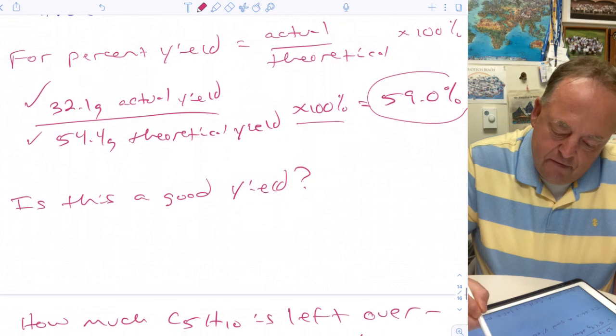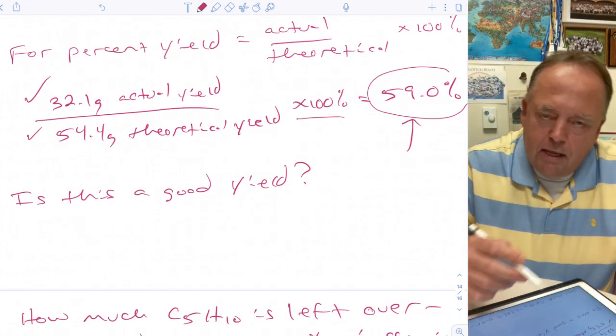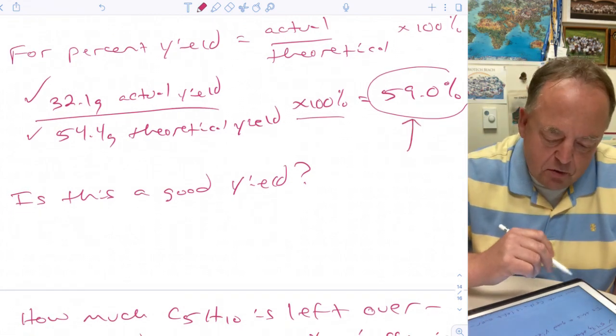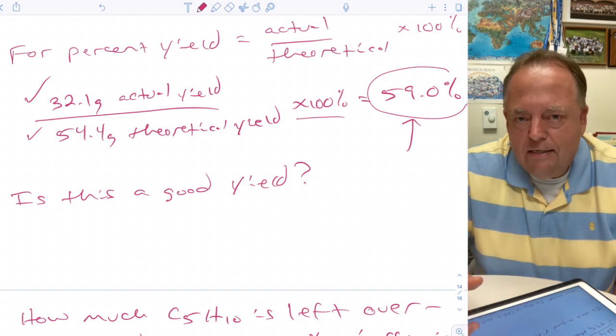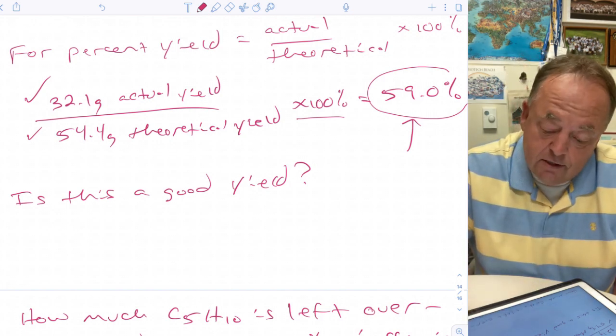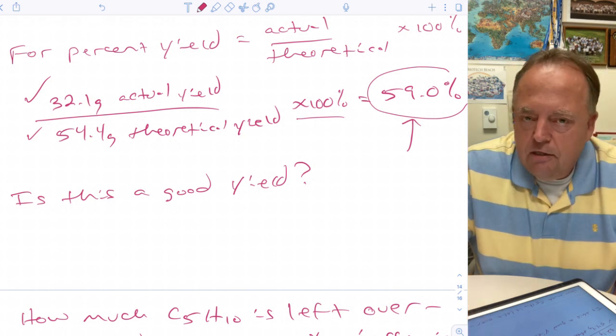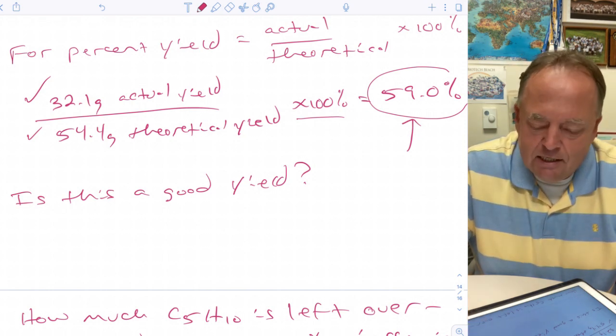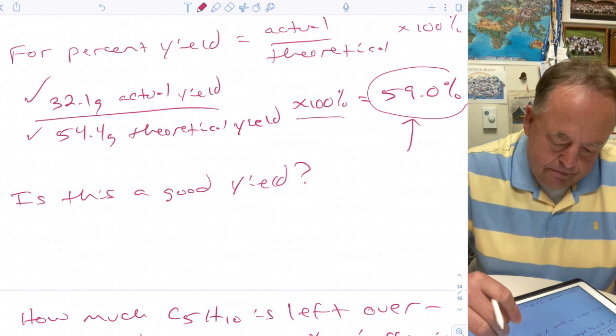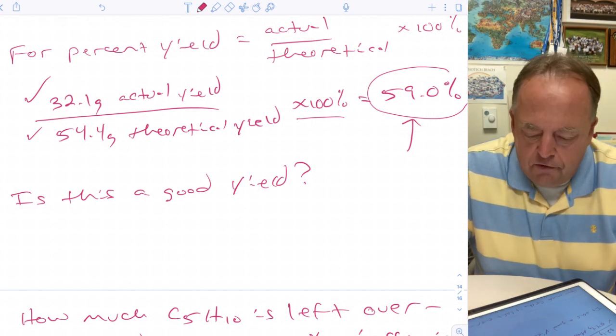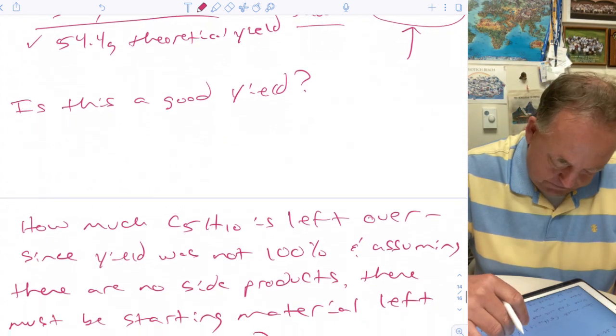But obviously, we would like to maximize that yield out as close to 100% as possible in order to minimize the waste. There's less environmental aspects to deal with then, less waste to deal with, less purification that you have to do, which means less money that has to be spent. And there's more product to sell if you can maximize the yield.